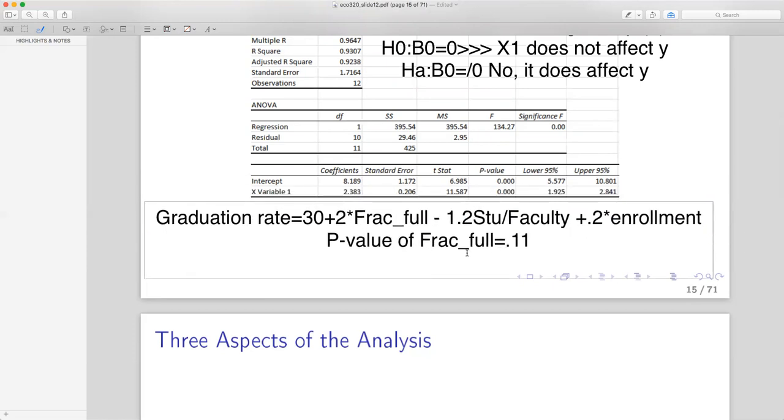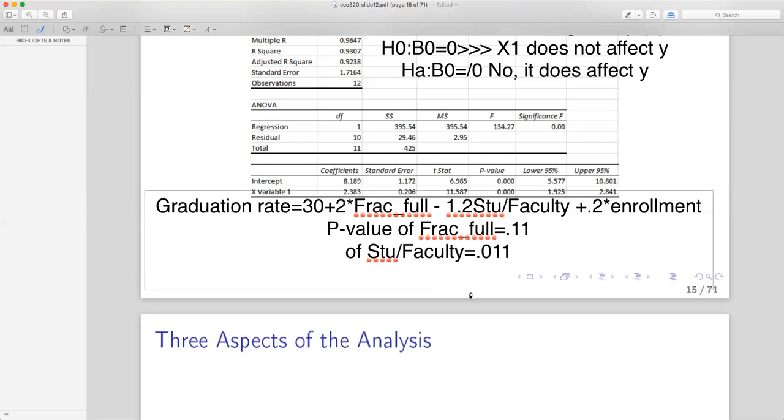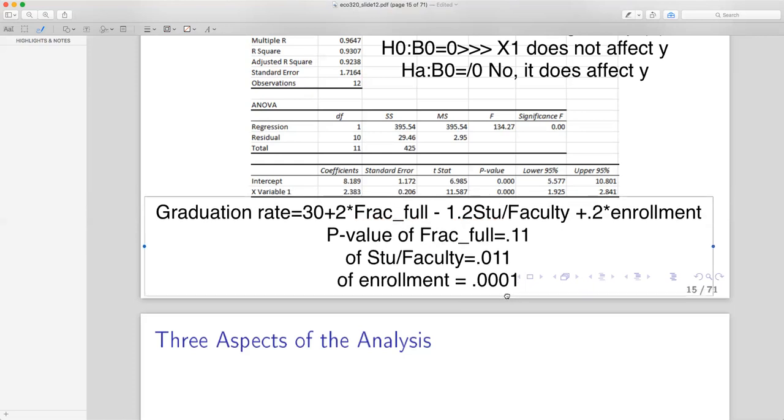The p-value of student faculty ratio equals 0.011. And the p-value of enrollment equals 0.0001, something like that. I'm just making up the numbers.